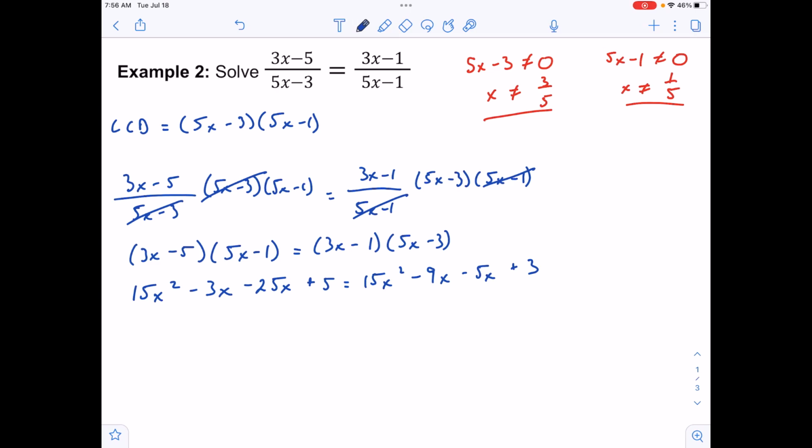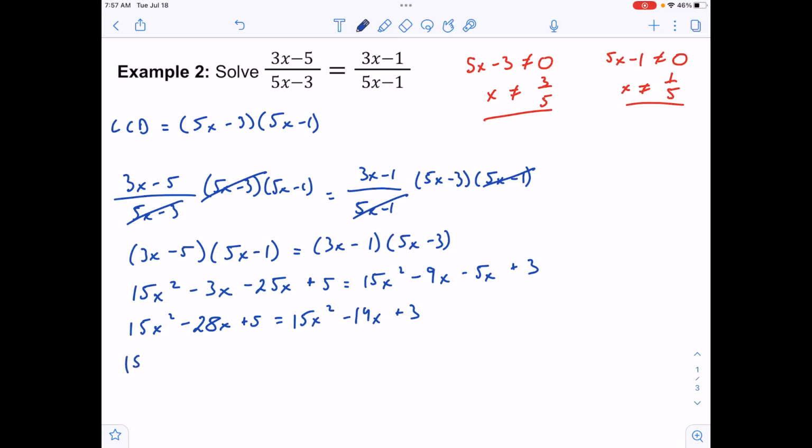Okay, I'm going to combine my like terms here. Negative 3x minus 25x is negative 28x, and then I have a plus 5. Negative 9x minus 5x is negative 14x. And I'm going to rearrange, pull everything to one side.